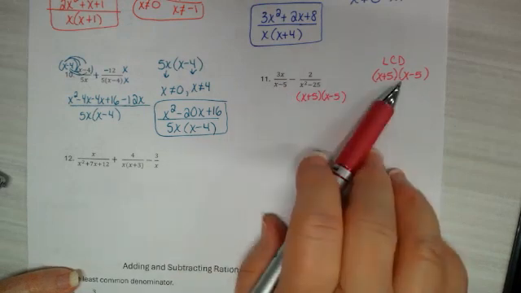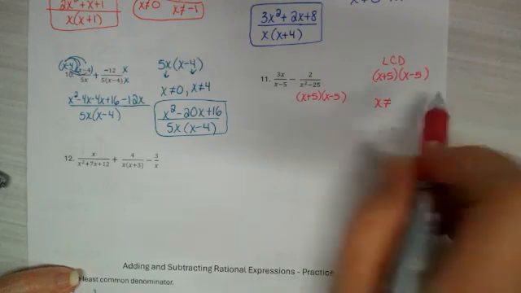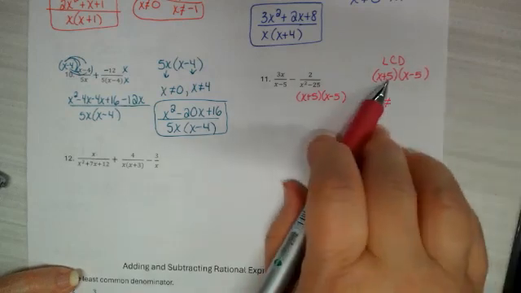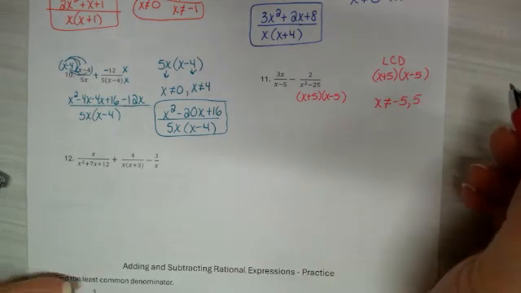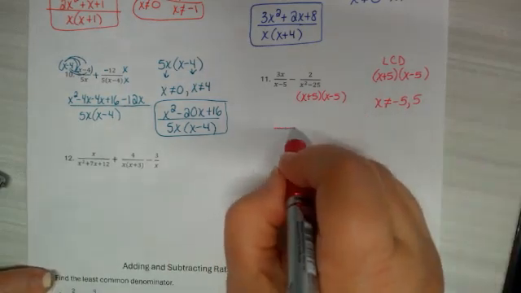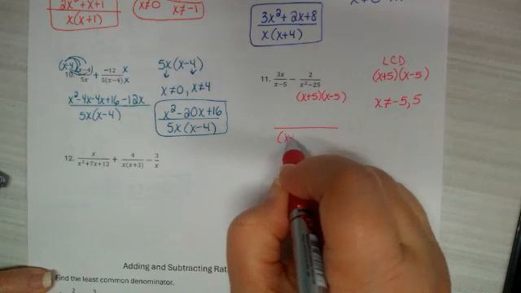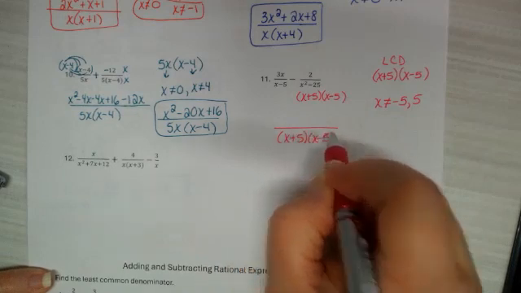So that's my common denominator. My restrictions, what would make this equal 0? Negative 5 or positive 5? Those are my restrictions. So over here, my common denominator is the x plus 5, x minus 5. Remember, we're just going to leave it factored.